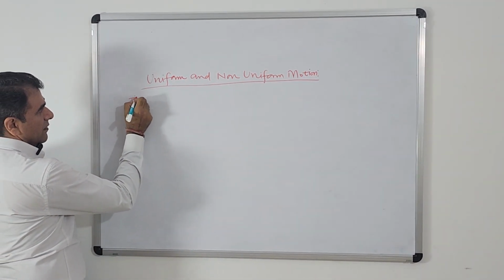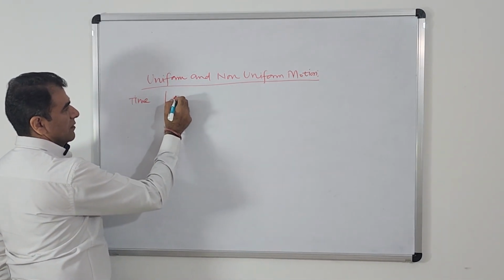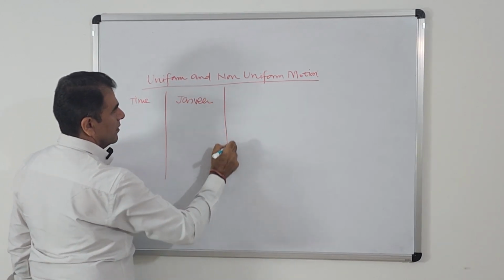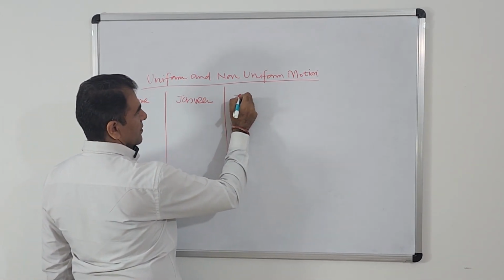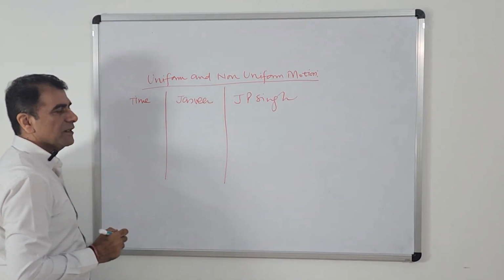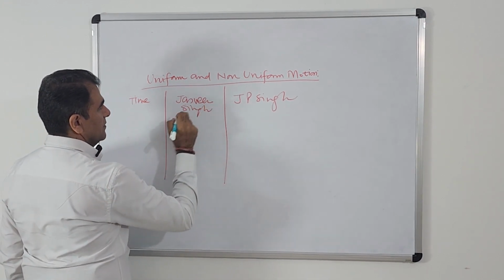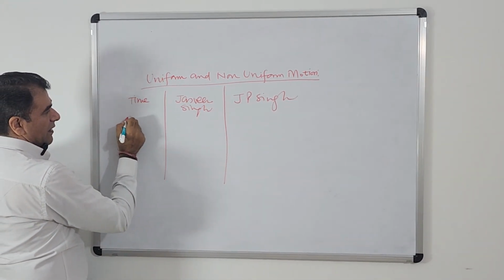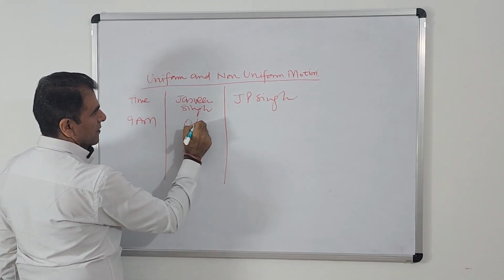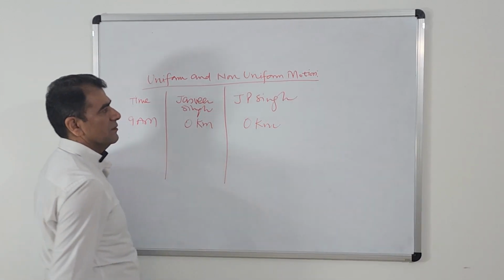Say we have time and one person, say Jasveer, and one person is say JP Singh, right? Jasveer Singh at 9 a.m. covers distance 0 kilometer and JP Singh also 0 kilometer.